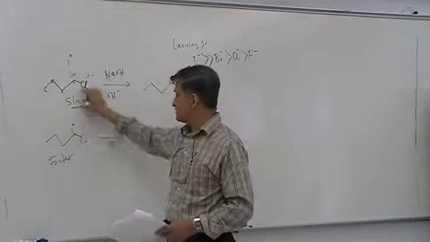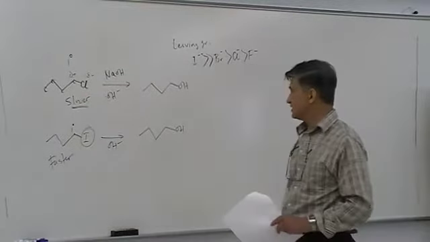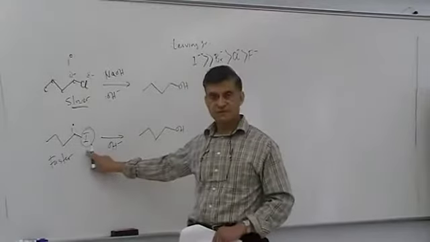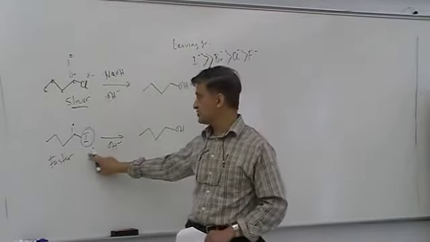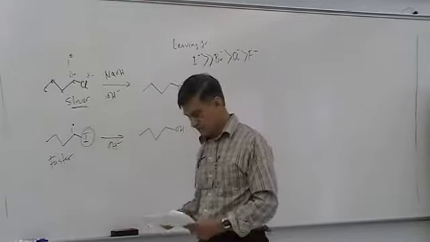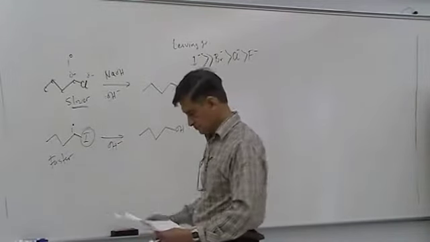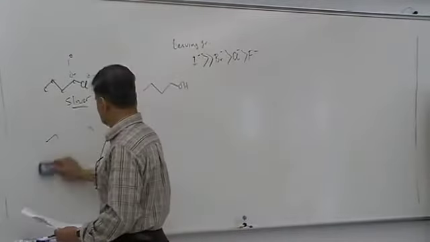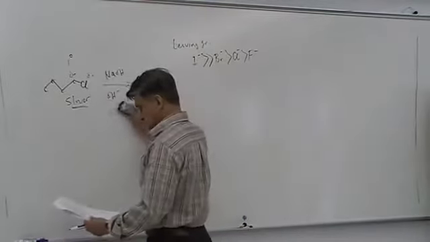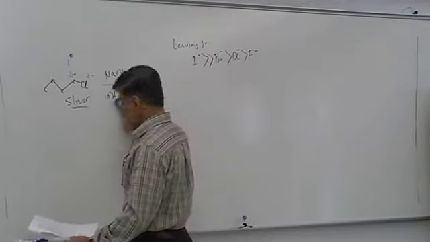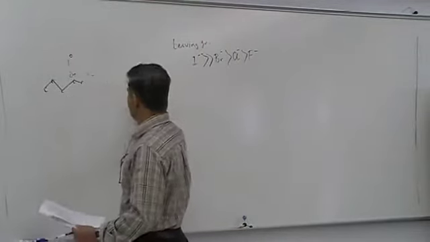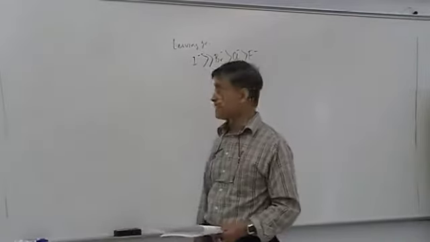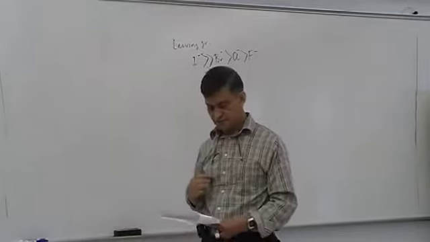But since this is a 1 degree halide, it's going to be SN2, and this is going to be faster because of the leaving group. Iodide is a much better leaving group than chloride. So from this example, we explained which one will be faster and what type of substitution reaction you'd expect.